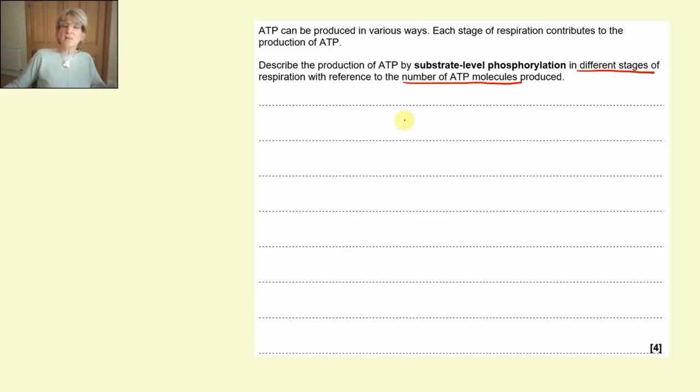However, 2 ATP molecules were needed at the start of glycolysis, so the net production of ATP from glycolysis is 2 ATP. The other place where substrate level phosphorylation occurs is during the Krebs cycle, and that is when a 5-carbon compound is converted to a 4-carbon compound as a result of ADP reacting with Pi.